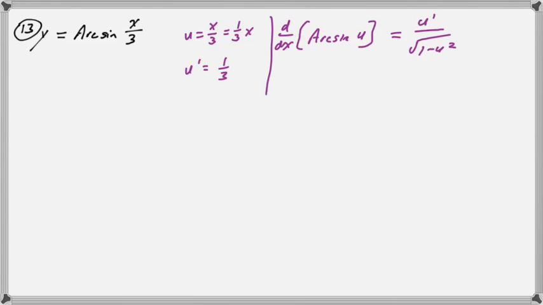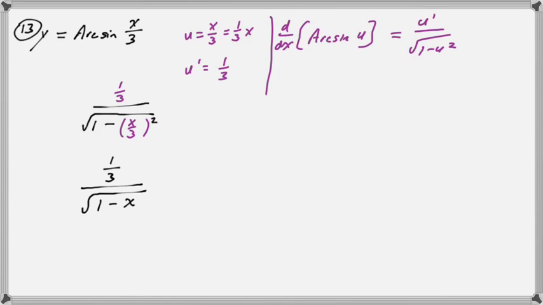So when I fill in, I put u prime on top. On bottom, I have radical 1 minus u squared. So I put my u prime on top, and I'm going to fill in my u, which is x over 3, and that is squared. So that becomes 1/3 over the square root of 1 minus x squared over 9.